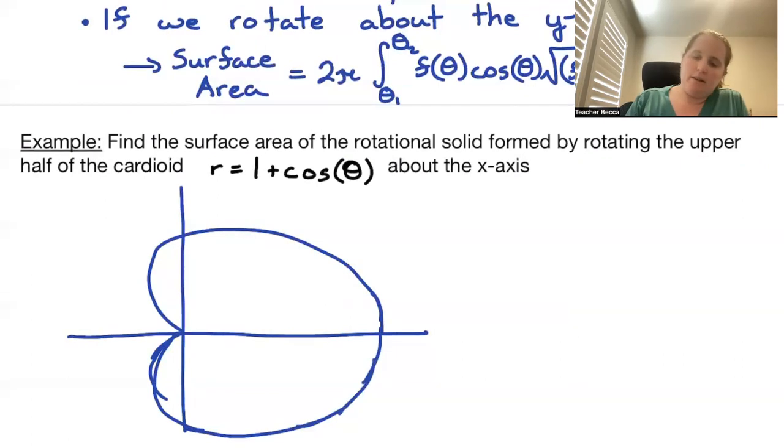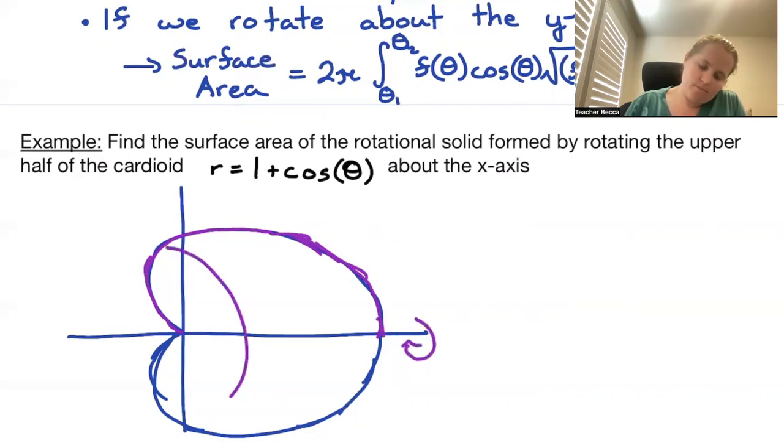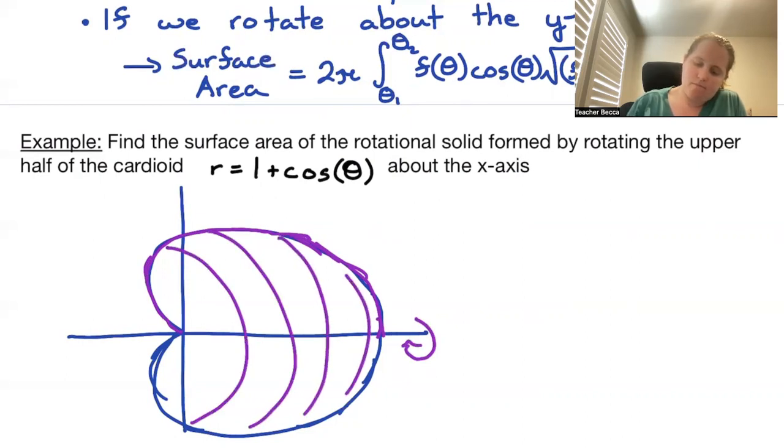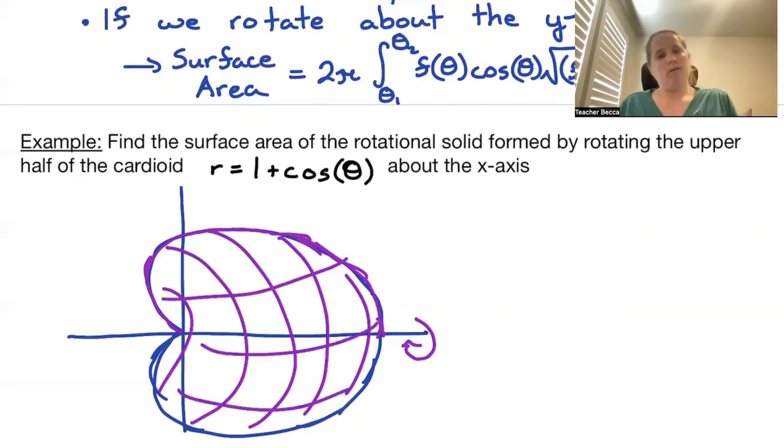So if we take the upper half of that and then rotate about the x-axis, we get our sort of interesting rotated shape. Okay? And we can find the surface area.